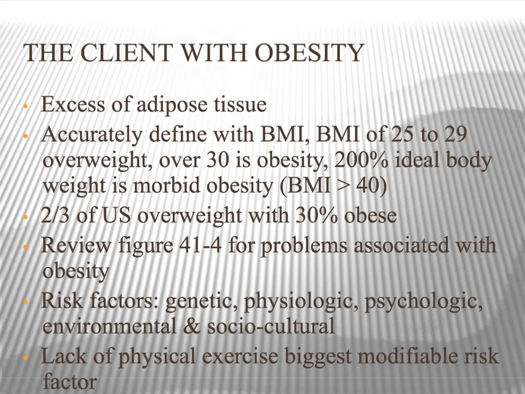People use food for many different reasons, as comfort, as a sort of reward, and this contributes to obesity also. When we look at obesity, though, we know that the lack of physical exercise that we're getting today is the single biggest modifiable risk factor.